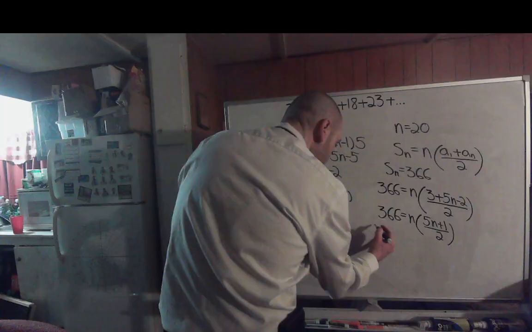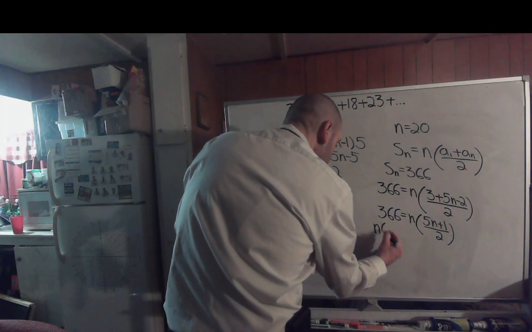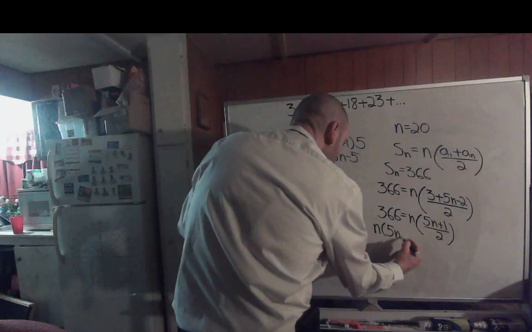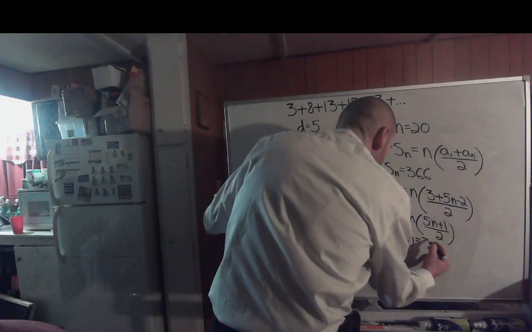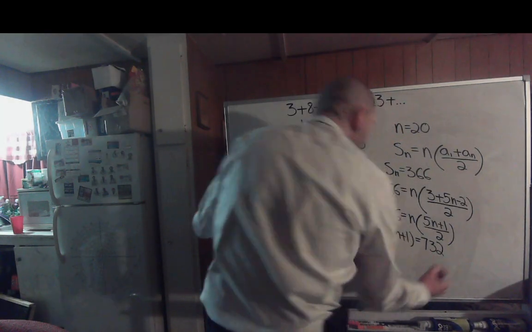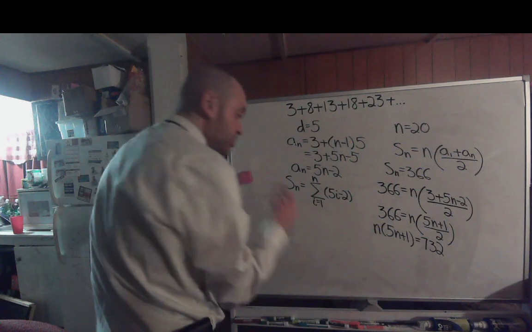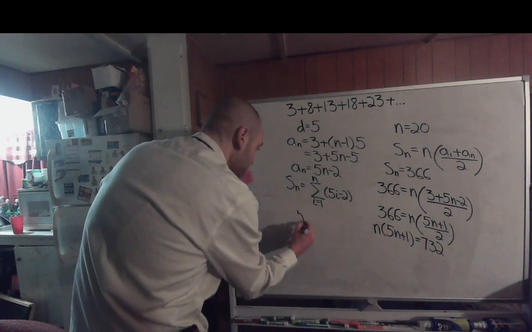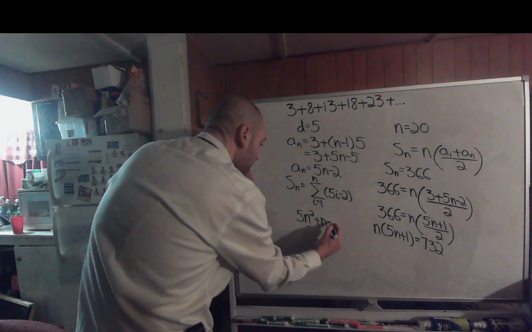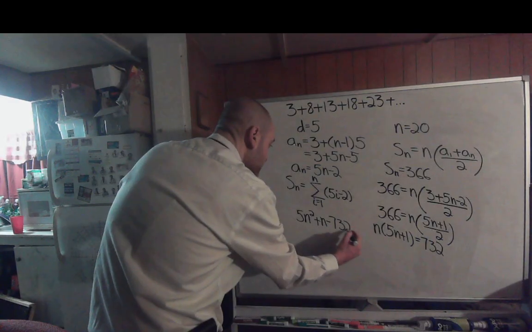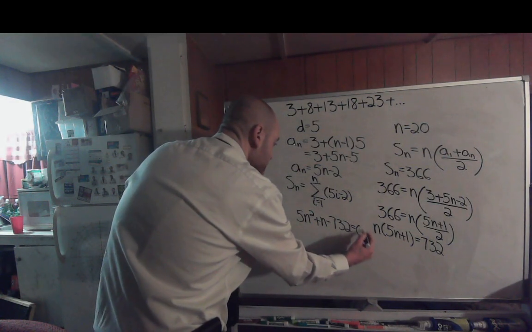Which then means that n times 5n plus 1 is equal to 732. Well, we're going to end up having a quadratic equation. We'll end up having 5n squared plus n minus 732 is equal to 0.